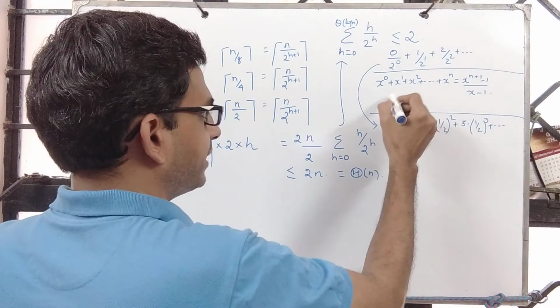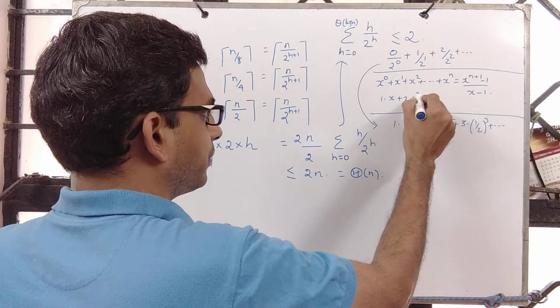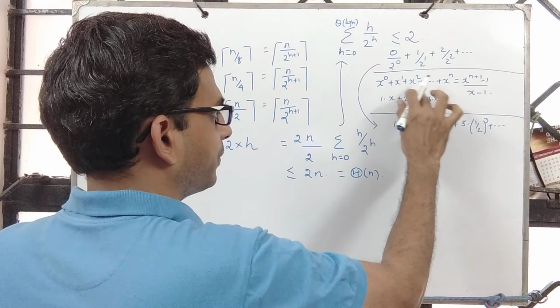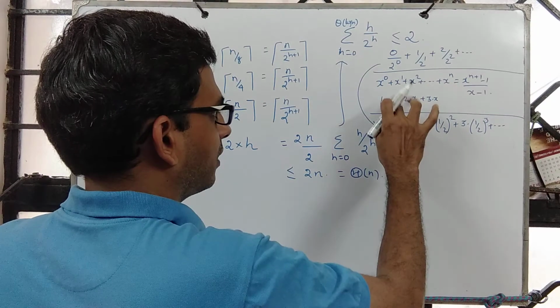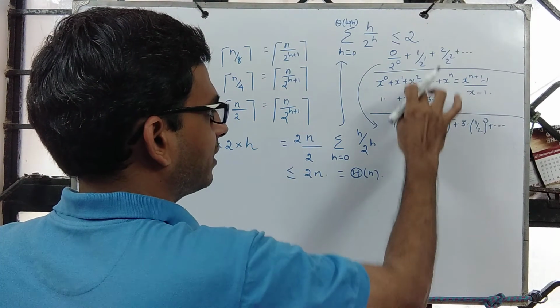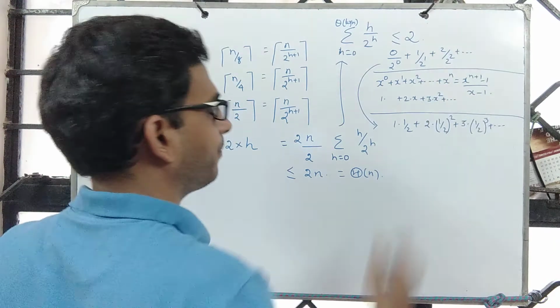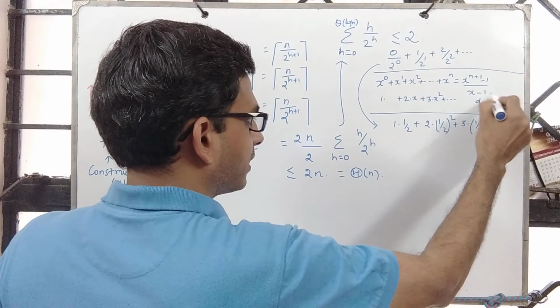So if you differentiate, what do you get? You get 1 plus 2 times x plus 3 times x square, and so on. Similarly, on the other side also differentiate this component.